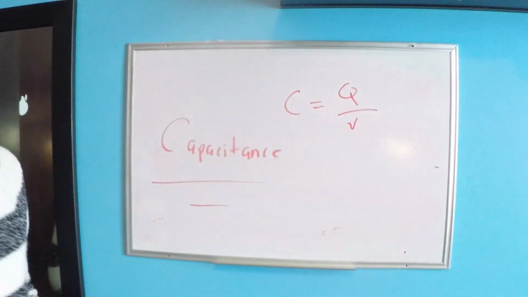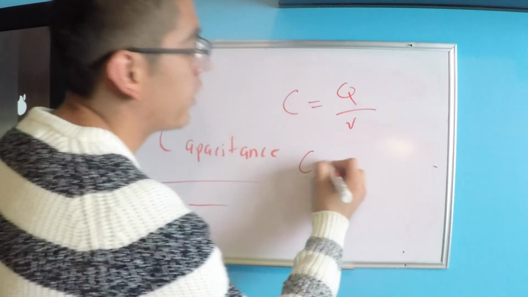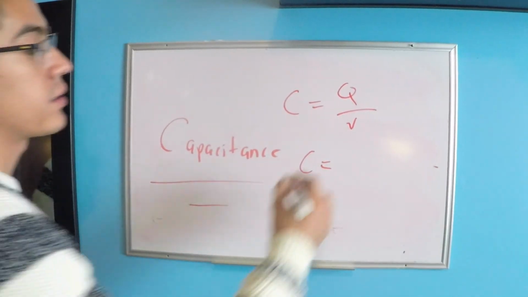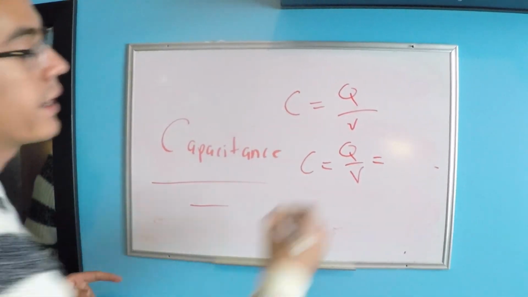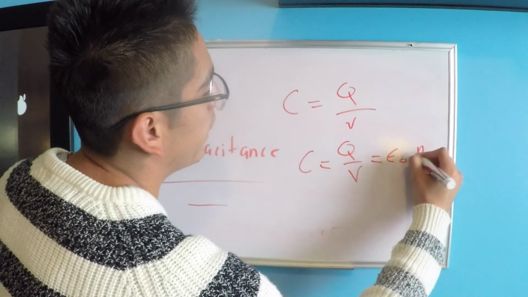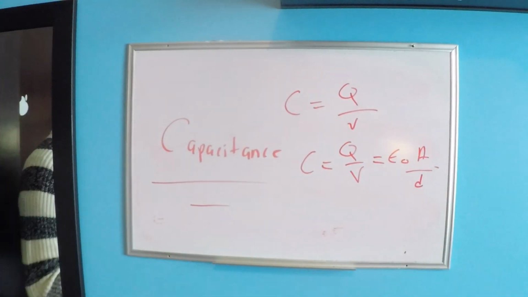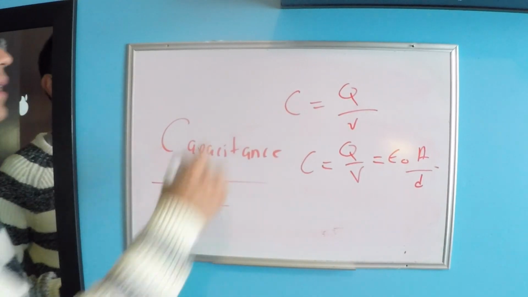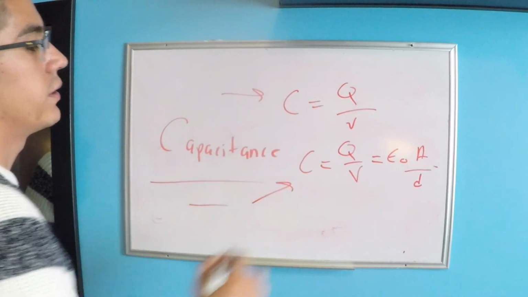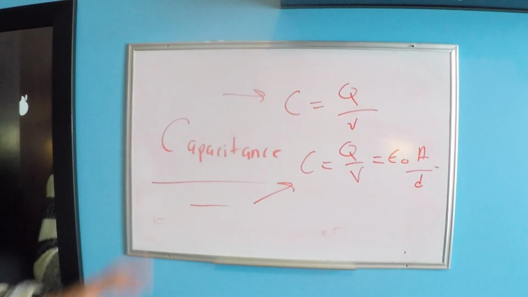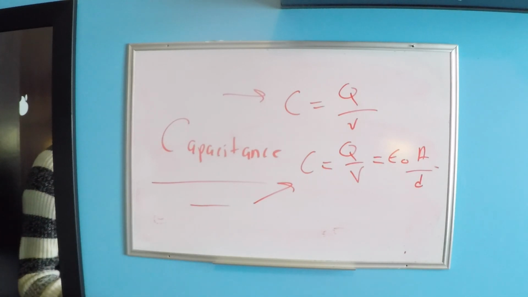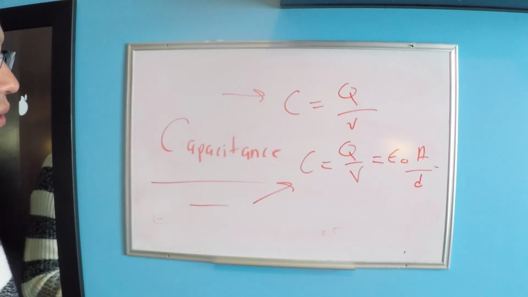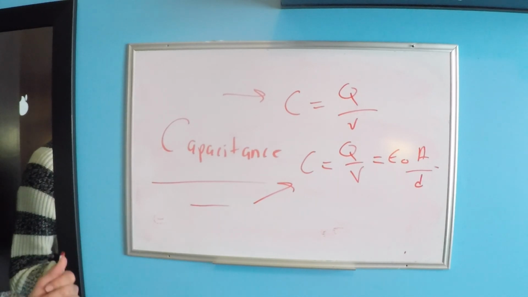Get them in your mind. This one too is important to know: capacitance is equal to epsilon A over distance. All of the problems are solved with these. We have a specific one for cylindrical and spherical geometries, but you have to use the same formula.